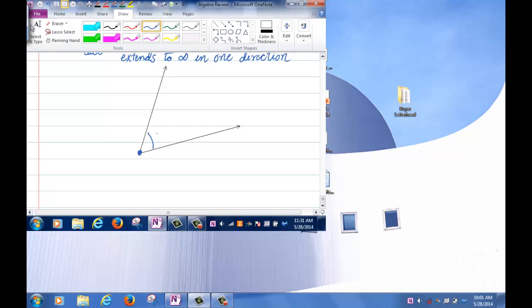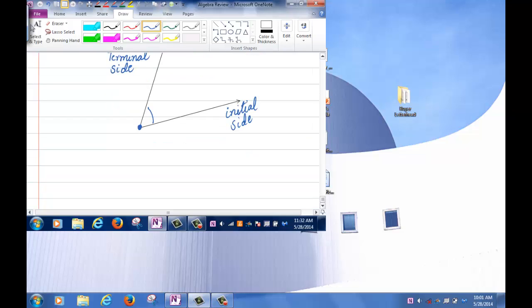And we call one of the rays the initial side of the angle, and the other one we call the terminal side of the angle. So let's say this is the initial side of the angle, and the other side will be the terminal side. Okay, so that's what we mean by an angle.